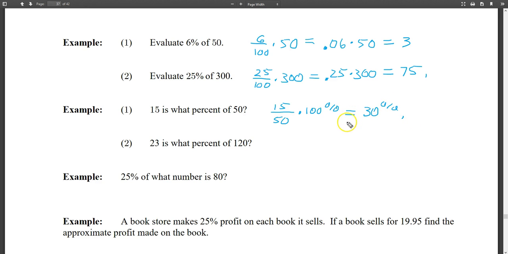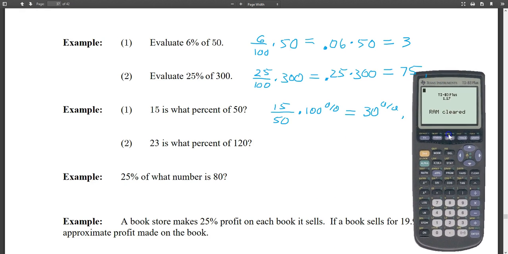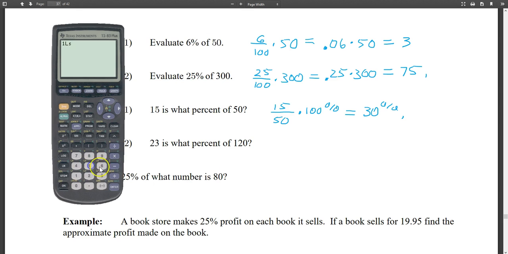Let's just verify that one on our calculator. If we evaluate 15 divided by 50 times 100, and yes, 30.